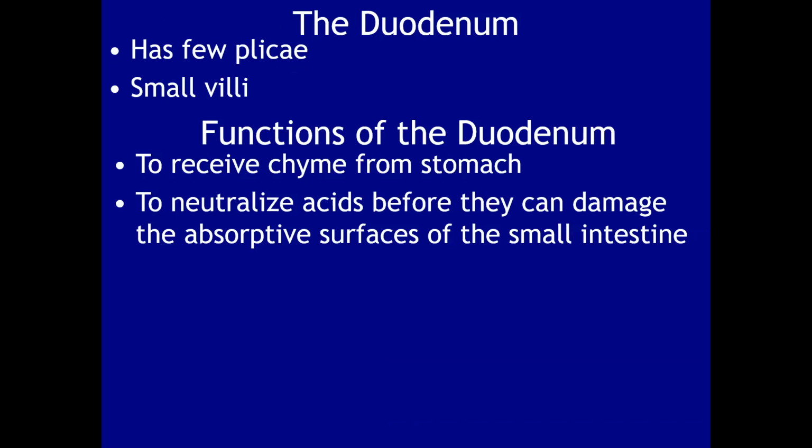Because the function of the duodenum is to be that mixing bowl. And once you receive all of the substances from the stomach, you know that hydrochloric acid is in there. And so one of the functions of the duodenum is to neutralize acid before it gets to the absorptive surfaces of the small intestine.